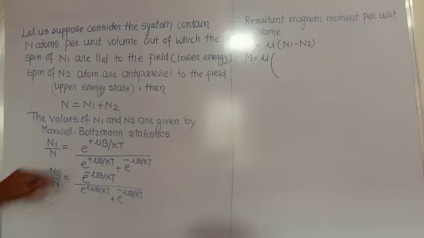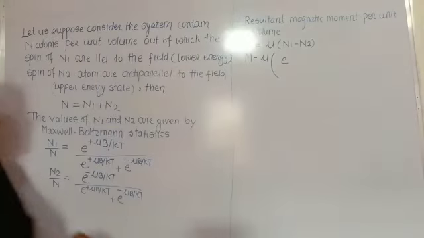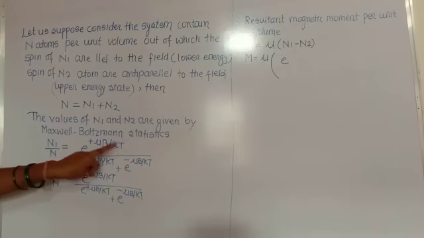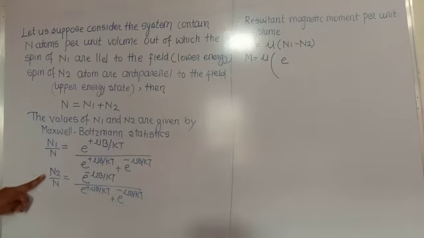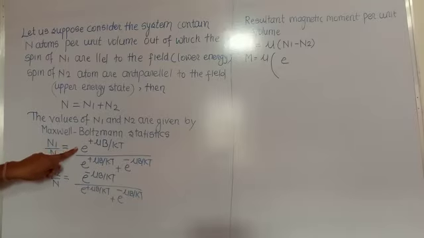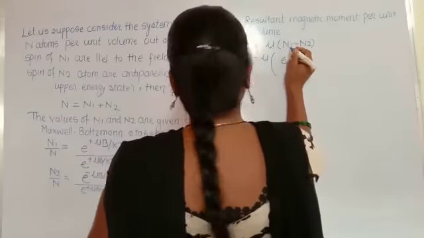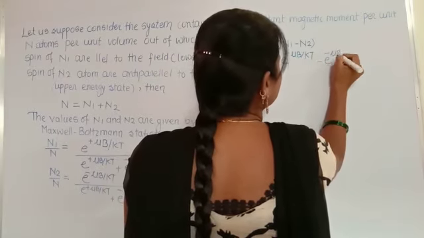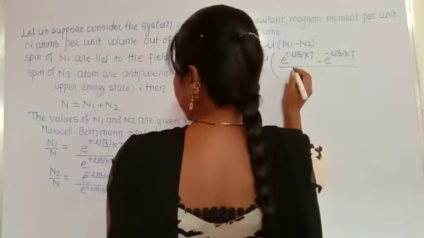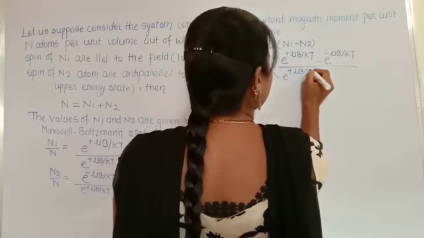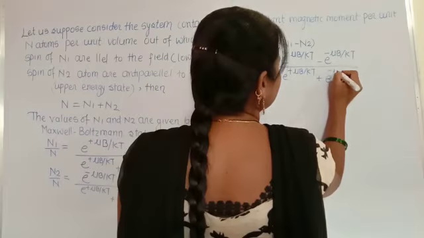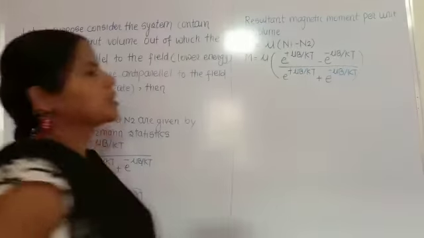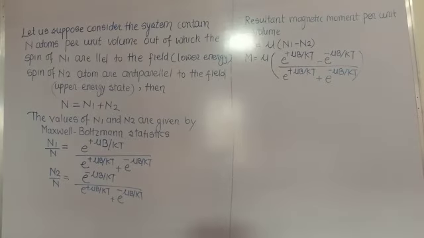After calculating, we put the value of n1, e to the power plus mu_B B by kT, divided by the same denominator. Then the second term is subtracted, and since the denominators of both terms are the same, we take the numerator as e to the power plus mu_B B by kT minus e to the power minus mu_B B by kT, with the denominator e to the power plus mu_B B by kT plus e to the power minus mu_B B by kT.